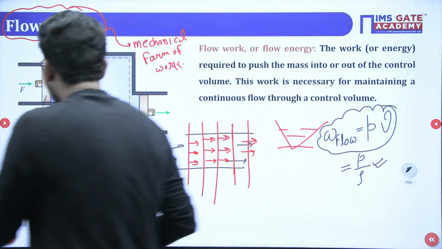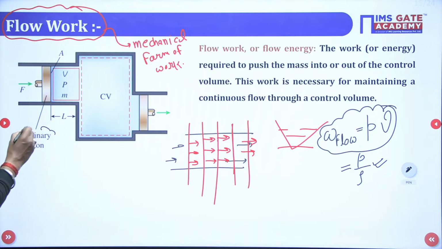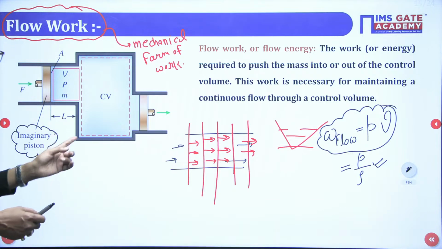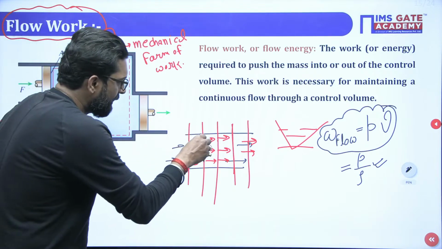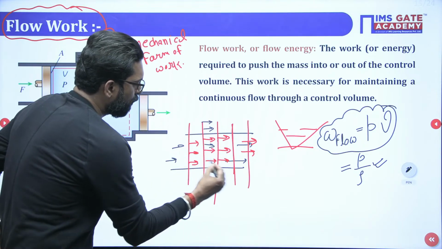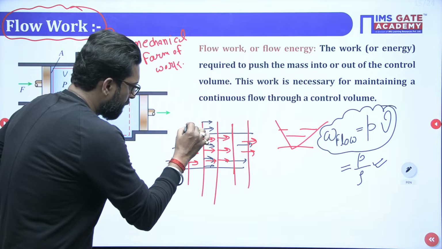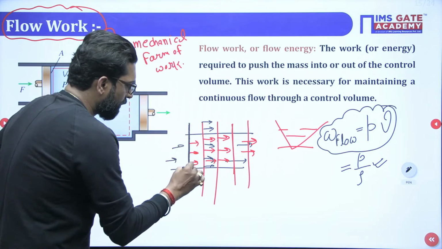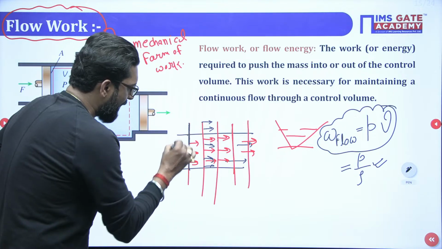Now my dear, what is the meaning of this imaginary piston here? Why is it an imaginary piston? If you want to move this layer into the control volume, the layer which is just near to this fluid acts as a plunger.